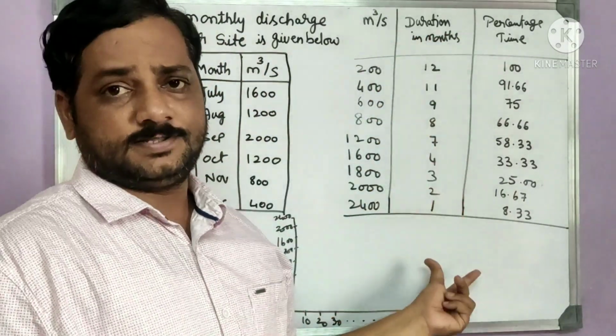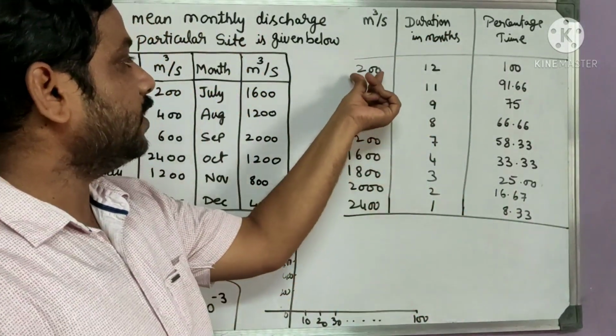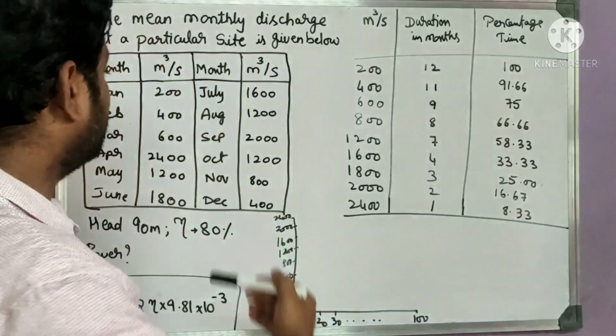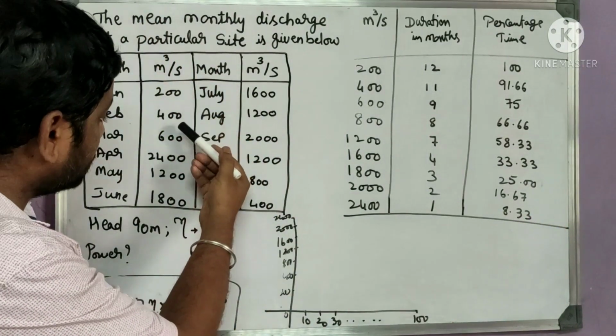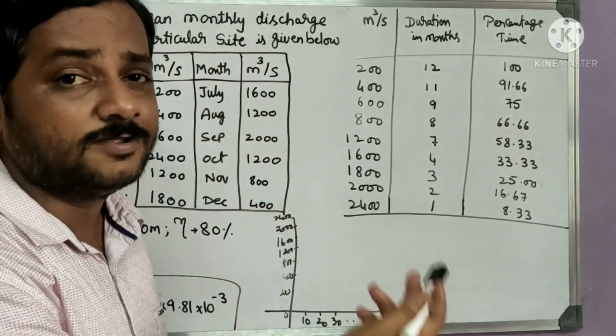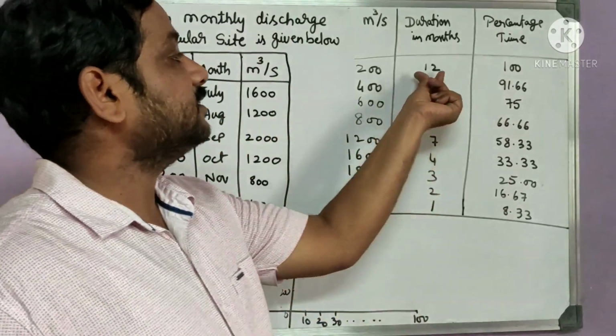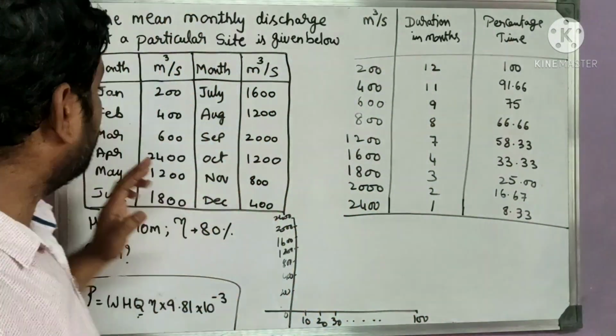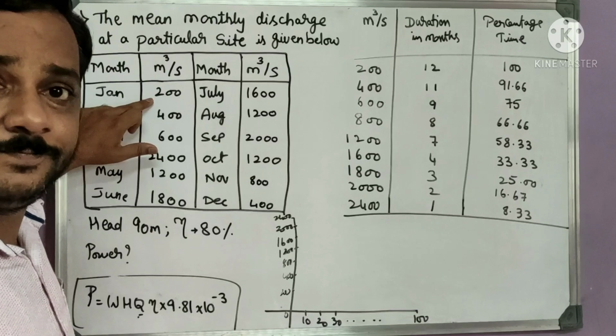Then duration in months. So now this is important. 200 is the discharge, and that discharge is available for all the 12 months because that is the minimum one, and in the other months also we have more than 200. So 200 will be there, so I have written it as it is there for 12 months. Same way 400. See, 400 is not available in January.